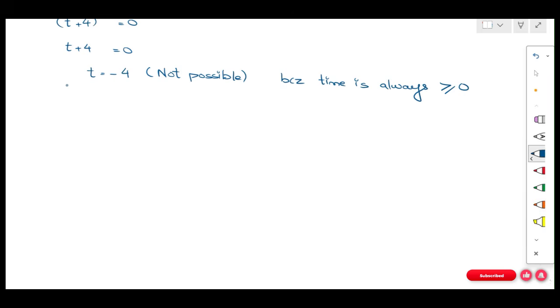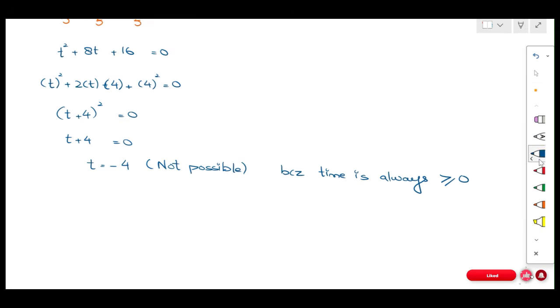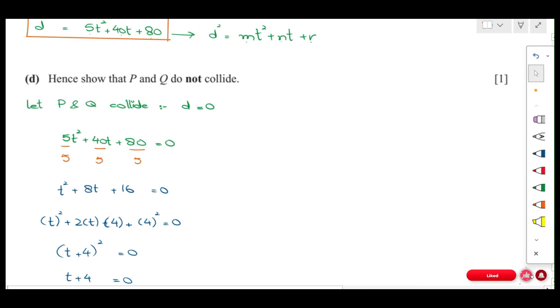If it is 0, time is 0, or time should be positive. So with the help of this mathematical simplification, we come to know that the particles P and Q do not collide, right? So here we can say hence P and Q do not collide, because when they collide their distance is 0, and when their distance is 0, the time value is negative, which is not possible.